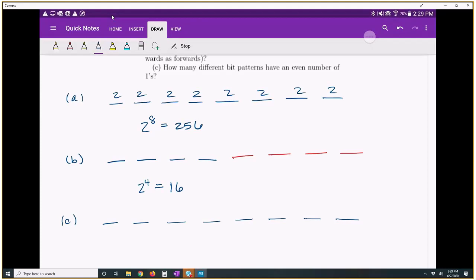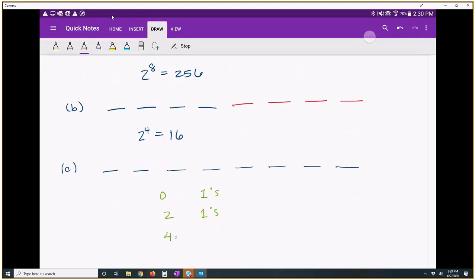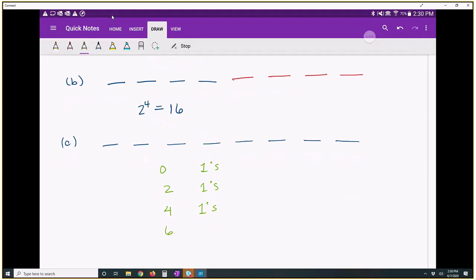That could be I have 0 ones, or I could have 2 ones, or 4 ones, 6 ones, or 8 ones. So that's a lot of different options to explore.